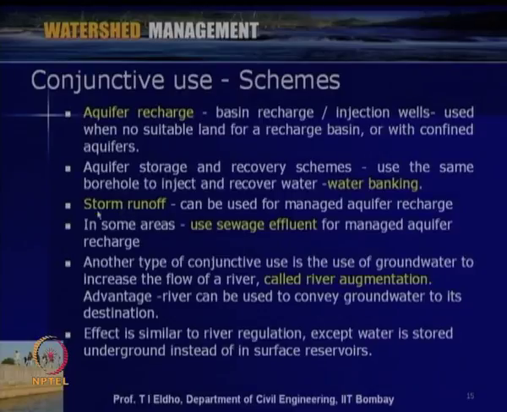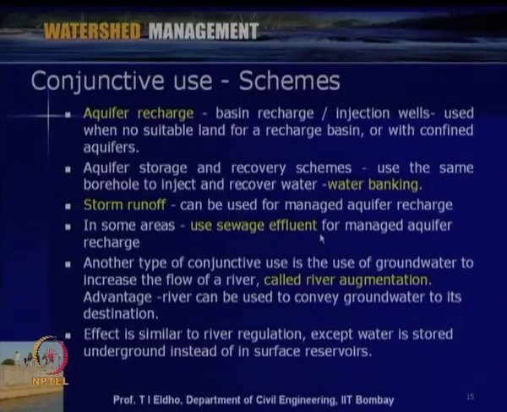Then especially in most watersheds, whether we can effectively utilize the storm runoff for recharging the aquifer systems. So through natural recharge, by improving the natural recharge, or we can go for artificial recharge structures. Then also, depending upon the area, whether we can use sewage effluent, especially if the effluent is of good quality after the various treatment processes.